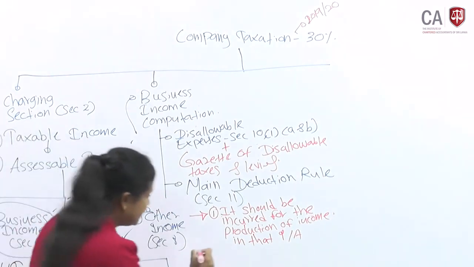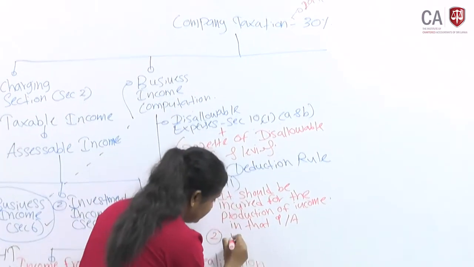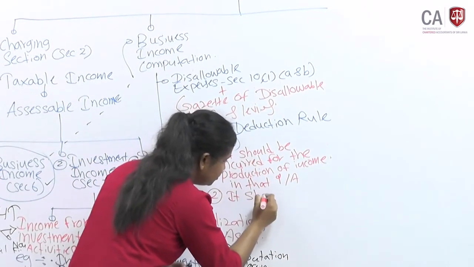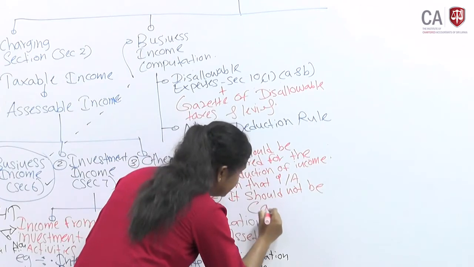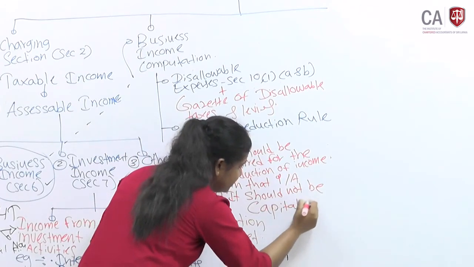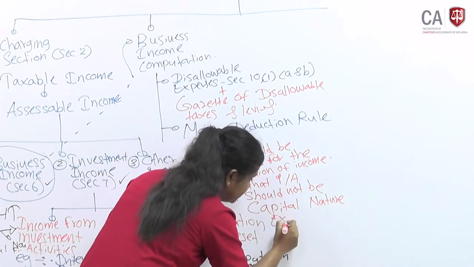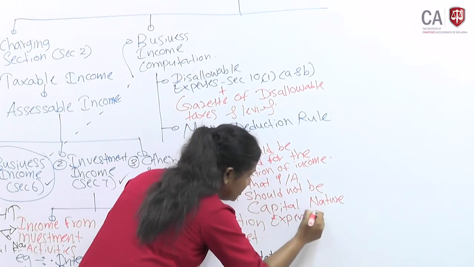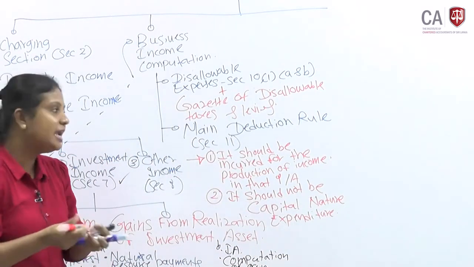Then the second one, it should not be capital nature expenditure. Now, if you are a smart student, you can link this with the case law provision.